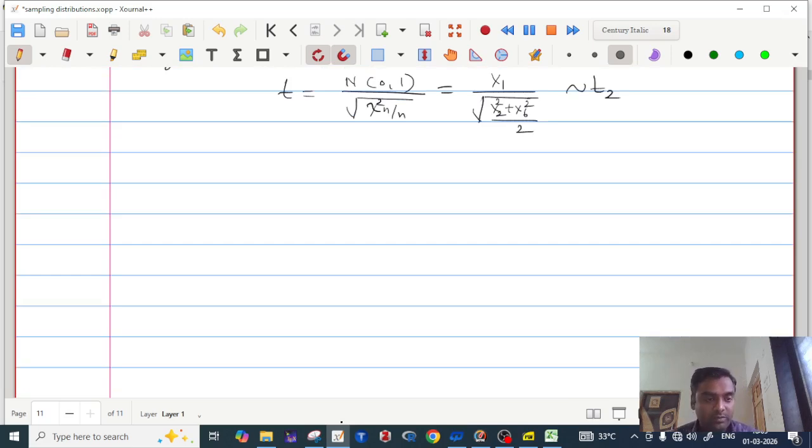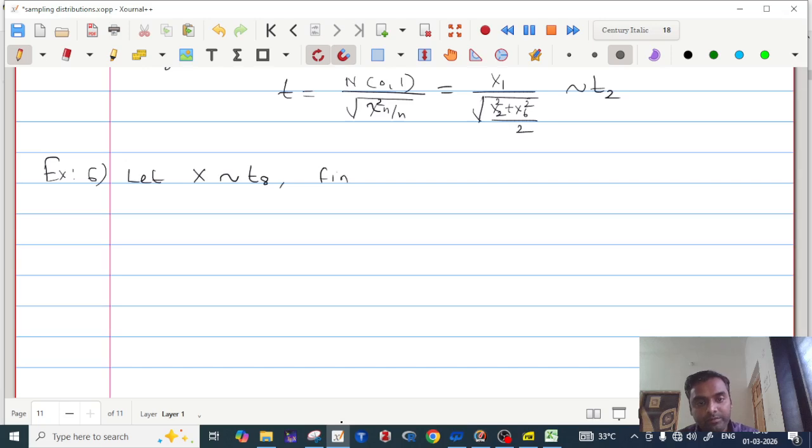Now let's solve one more example. And in this example, we will learn how to find out the probabilities for F distribution. Let X follow T with 8 degrees of freedom.